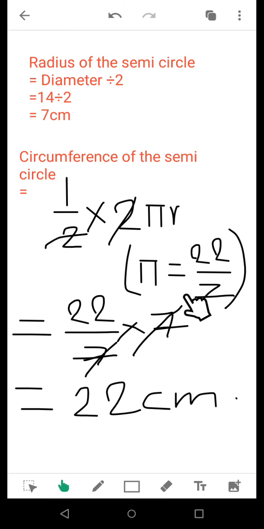I have written down the value of pi also. Pi equals 22 by 7. Now we put the value of pi and the radius of the semicircle, that is 7. See that it is easily cancelled off, and we get finally 22 centimeter as the circumference of the semicircle.